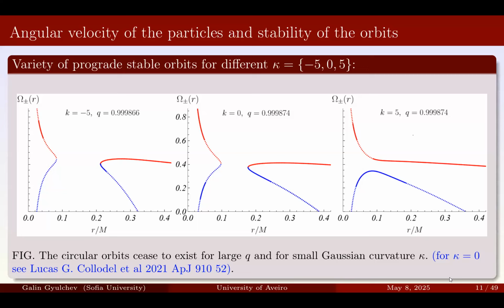But we obtain a second root for the particles, which again are circular orbits. And the interesting thing is that the discriminant of the equation which describes the angular velocity can become complex, which is exactly the same situation here.